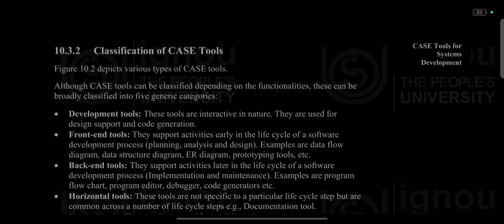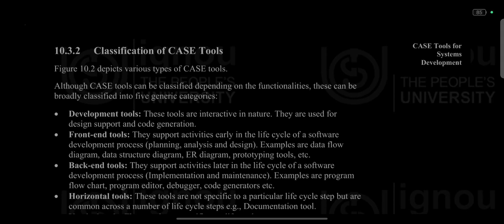Examples are data flow diagram, data structure diagram, ER diagram, prototyping tools, etc. Back-end tools. They support activities later in the life cycle of a software development process: implementation and maintenance. Examples are program flowchart, program editor, debugger, code generators, etc. Horizontal tools.